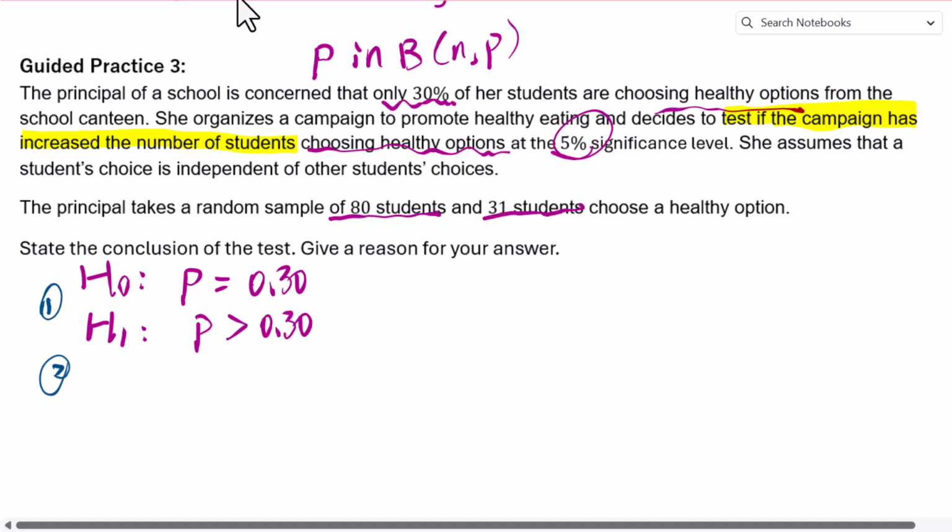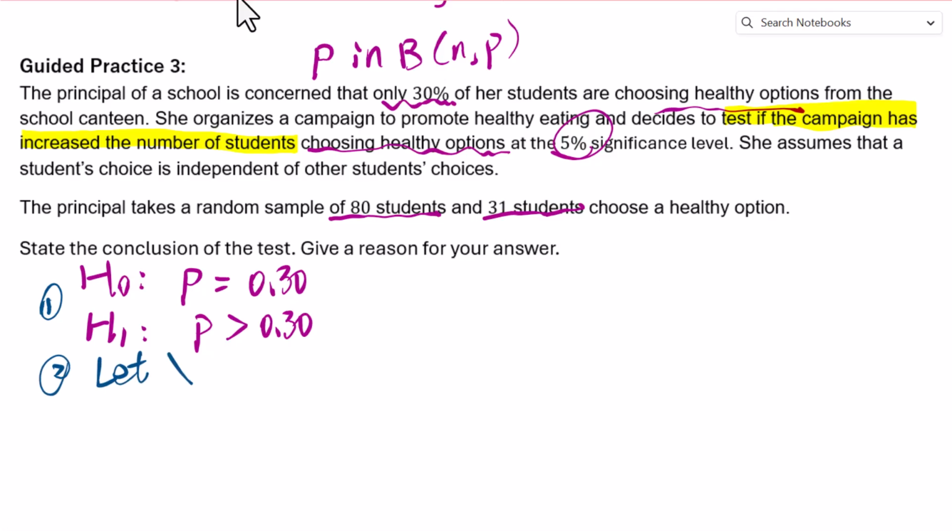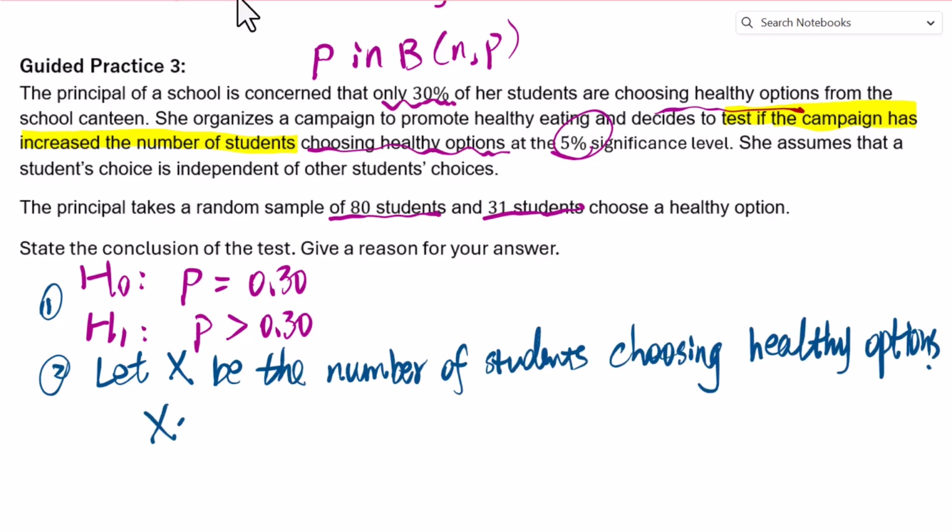Second step, define the variable. Let X be the number of students choosing healthy options. Then X follows a binomial distribution with 80 as the sample size and 0.30 as the probability of success.